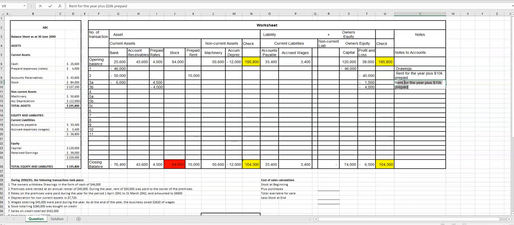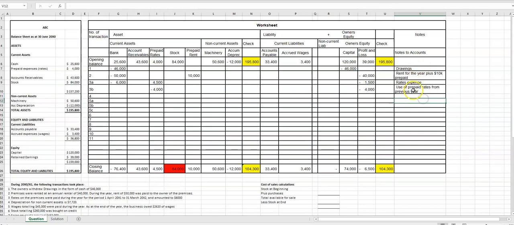Then here is our rates expense, and the second part of that is the use of prepaid rates from previous year. So these notes make it really clear for someone else coming along to see what the transactions are, because they wouldn't have the benefit of this information down here.